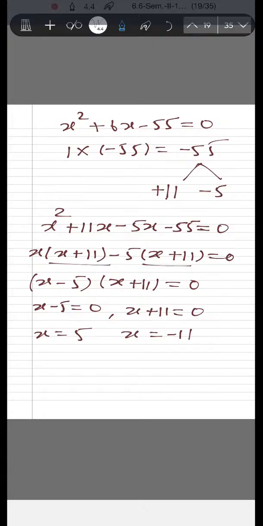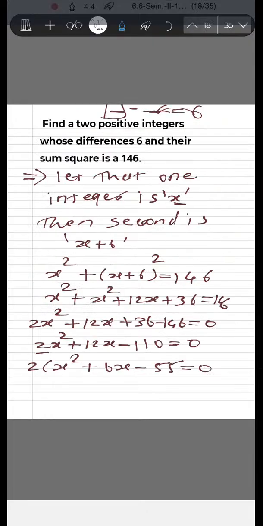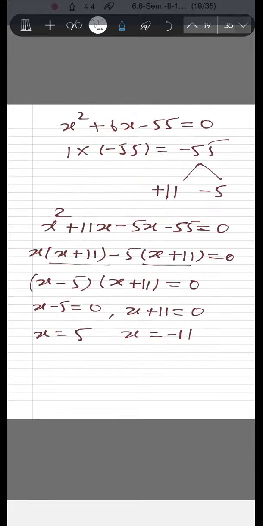That's it. See, what does the question say here? Find the two positive integers whose difference is 6 and their sum of squares is 146. So here you have to take the positive value.